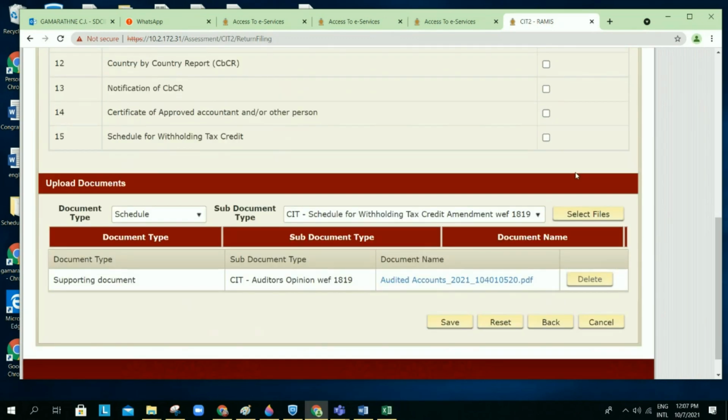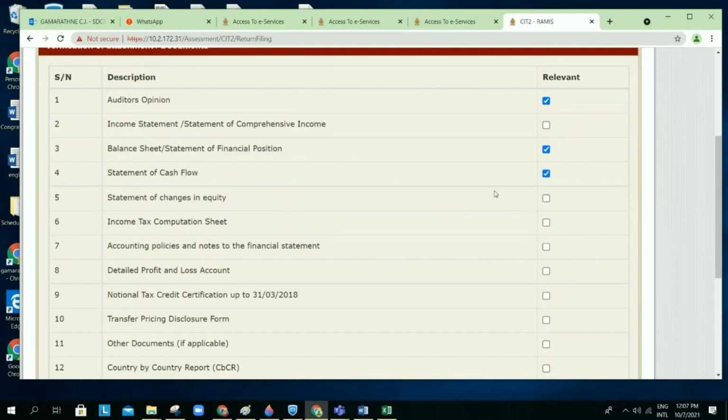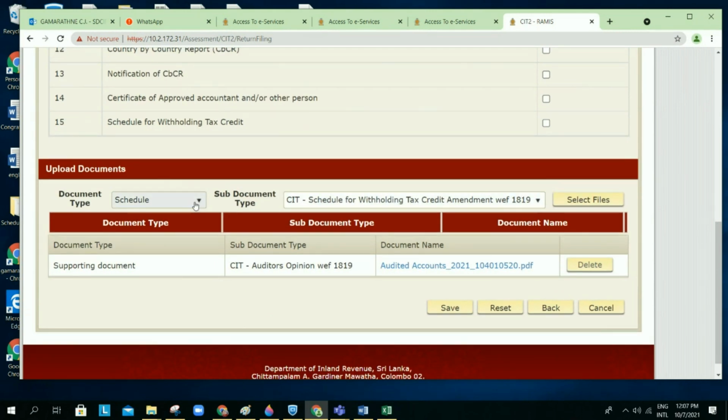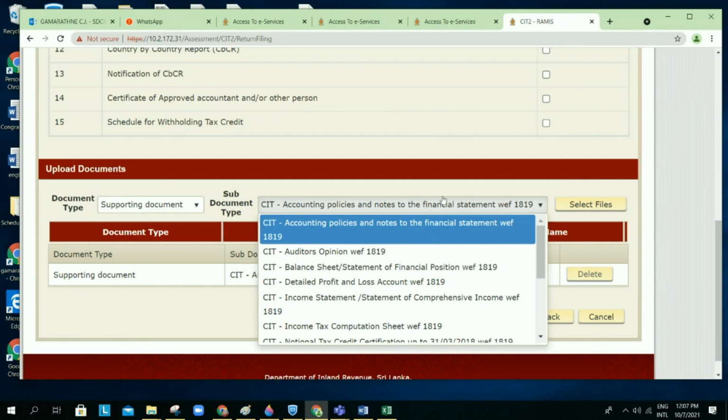First we check the tick box, go down and select the supporting document, and then we can select the sub document type, balance sheet.